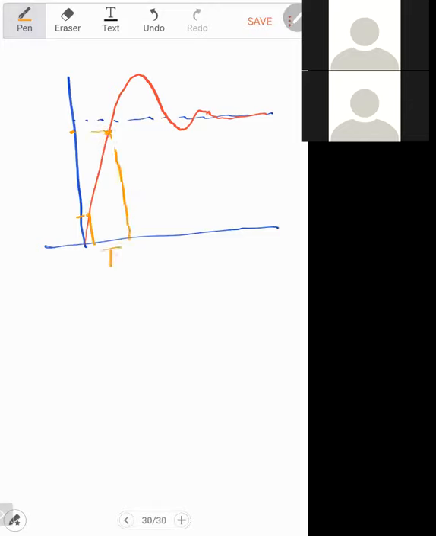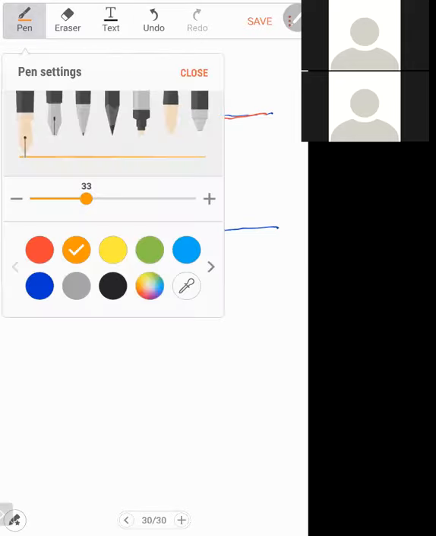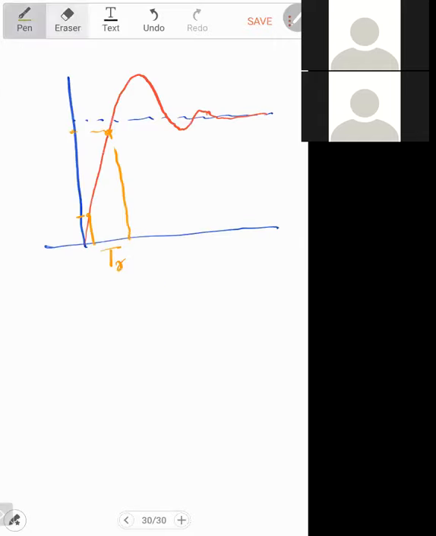So this is the rise time. Peak time is when you are getting the first peak over here, the maximum overshoot. So that is called the peak time, Tp, of the underdamped case. In the other two cases, the critically damped and the overdamped, there is no peak time because the rise is slow.